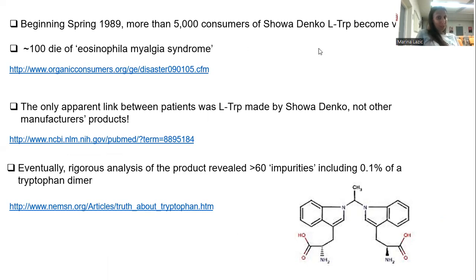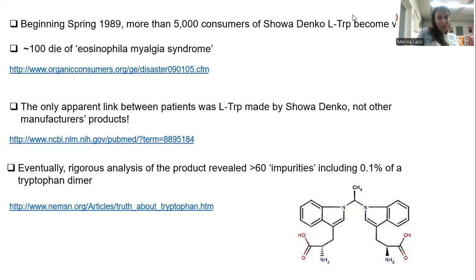Later on, around 100 of them died from some weird disease. And there is an article here. The only link between patients was this L-tryptophan that Showa Denko made. That was the only connection.